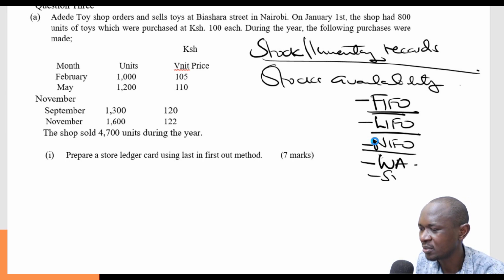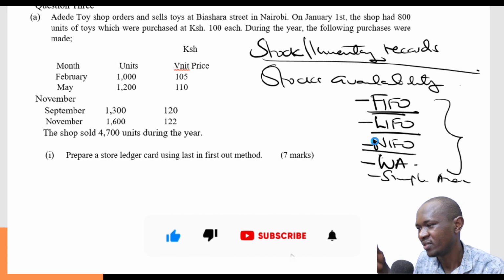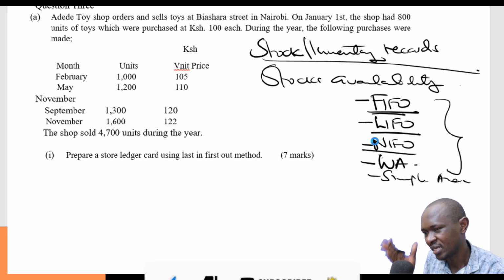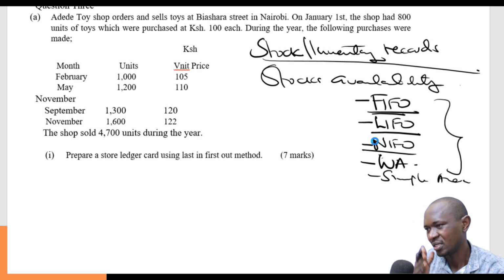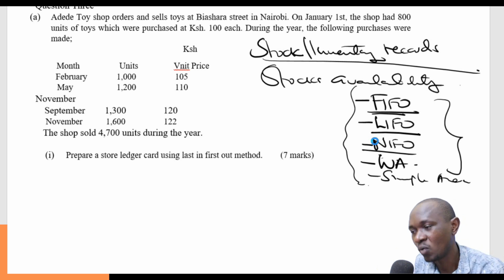Then we have the simple average method. All these can be used to find the price at which the stocks will leave the store. So it's just a method of valuing or getting to know the value of the goods in the store. And there are so many ways.